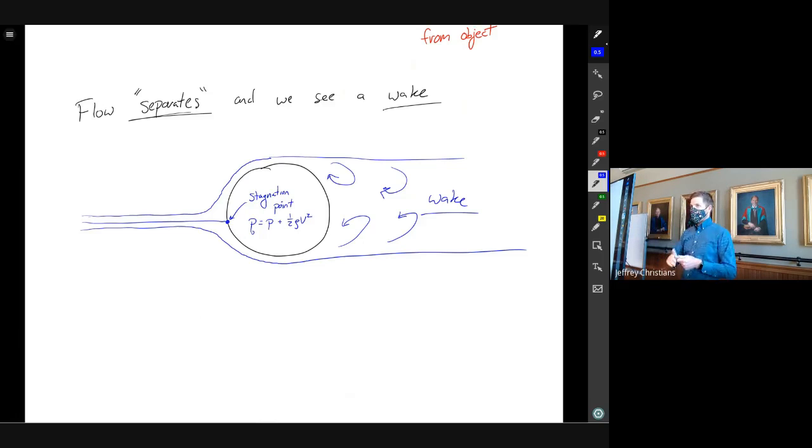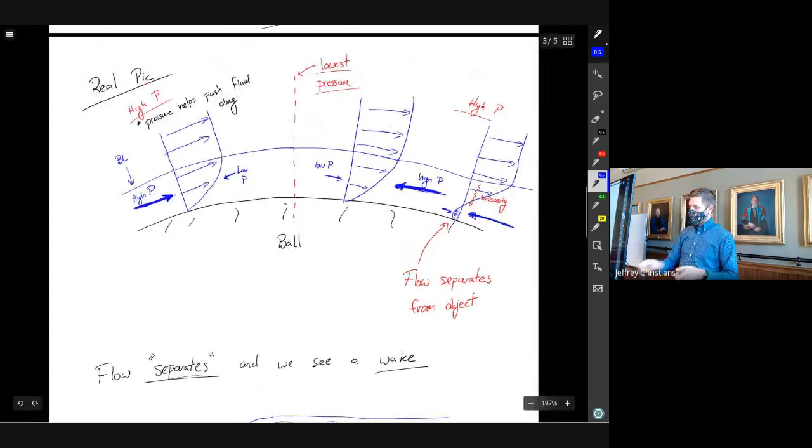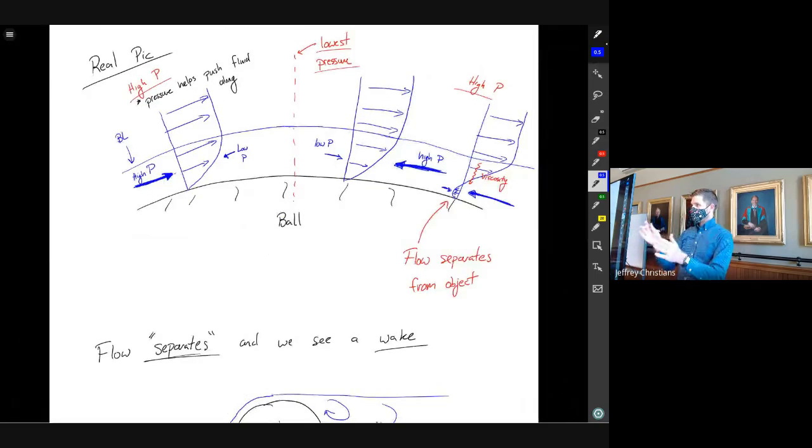The reason that happens is because the fluid is not able to follow that curve of the object. And it's because of this difference in pressure, because right at the pole of the object, that's where we have lowest pressure. And as that curves around, pressure starts going up, and that causes this flow to separate from the object.